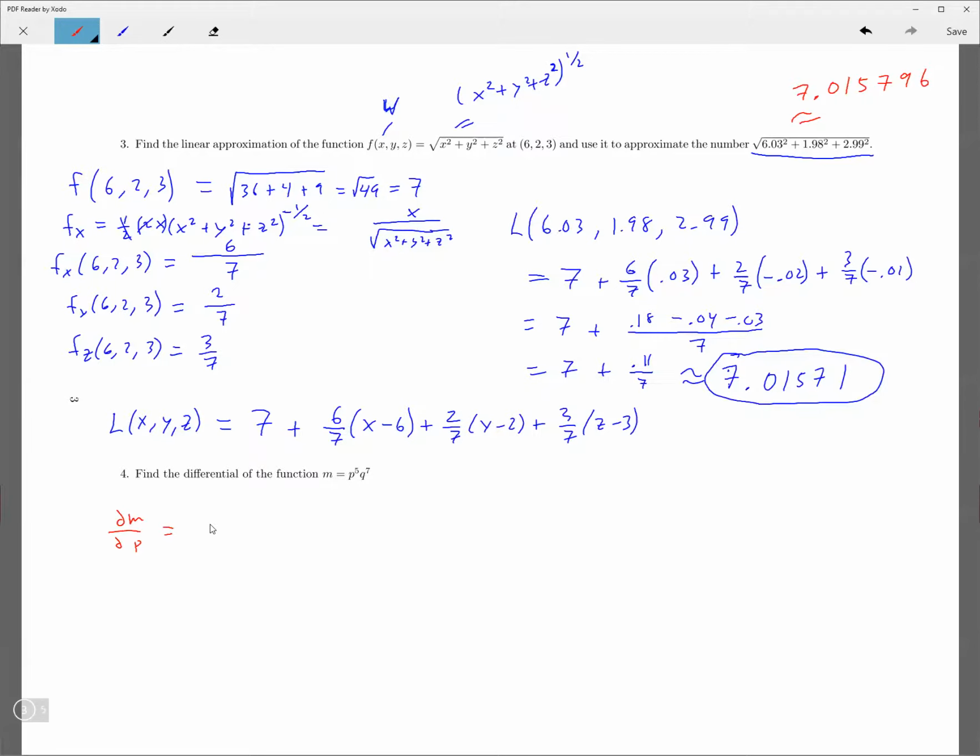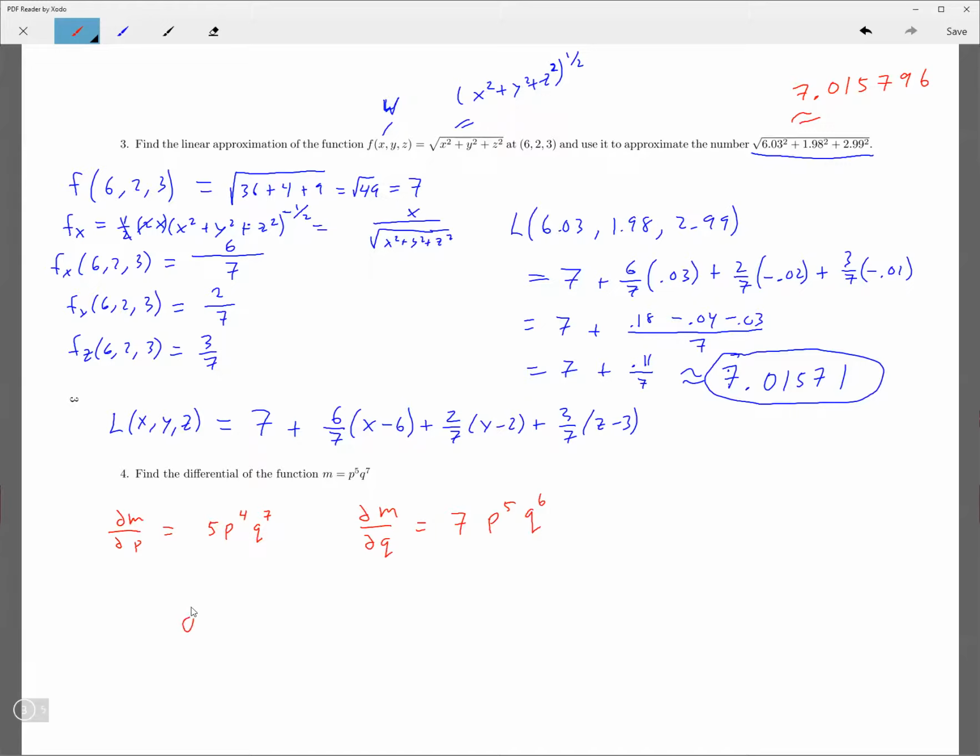It's going to be 5p to the power 4 and q to the power 7. And then with respect to q, 7 q to the power 6.